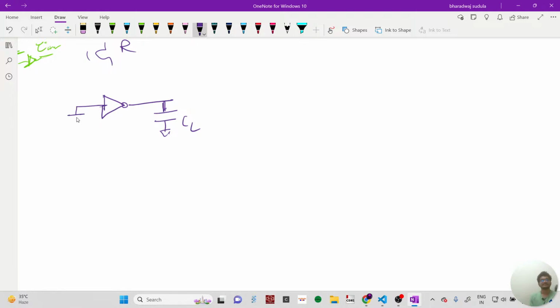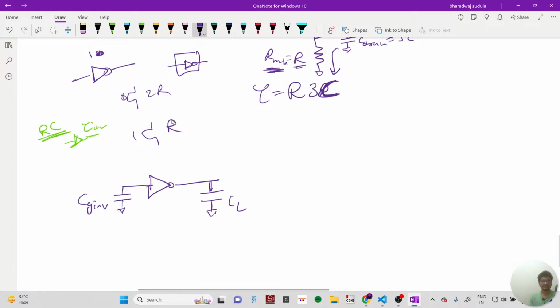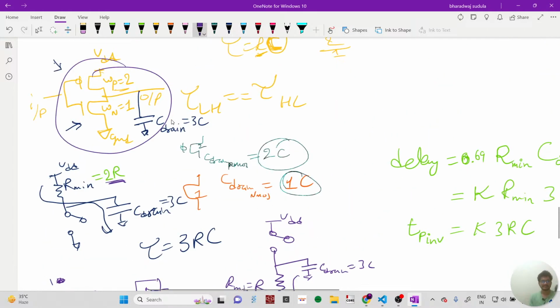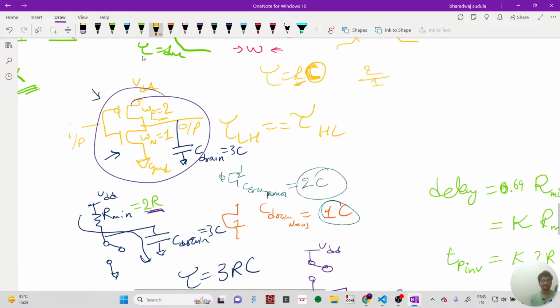There is also the gate cap of the inverter, which I haven't discussed. It's actually simple: this gate cap is 3C as well, because the diffusion to gate cap ratio is almost 1.